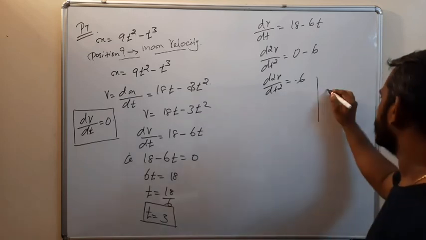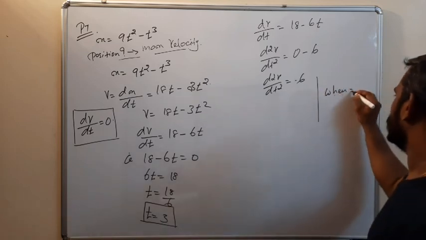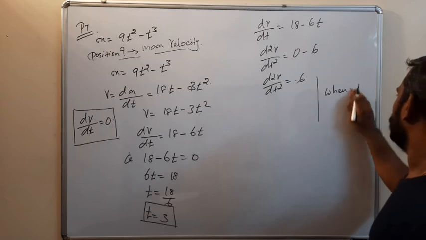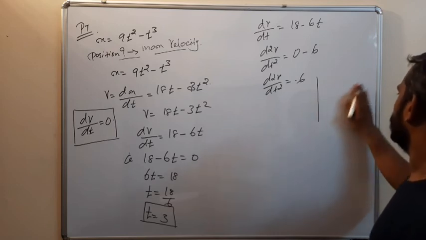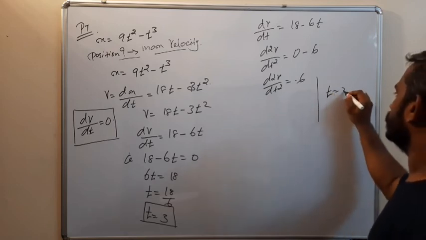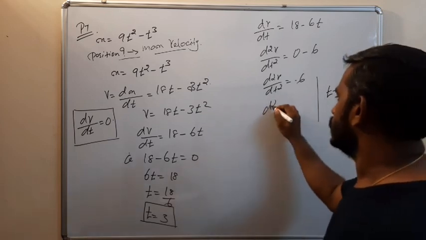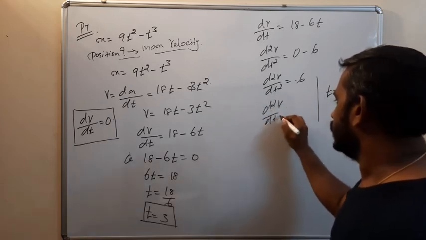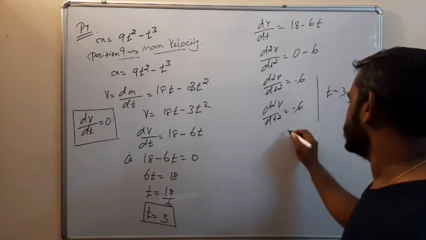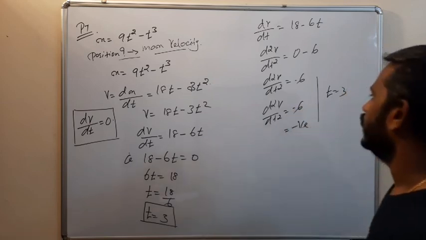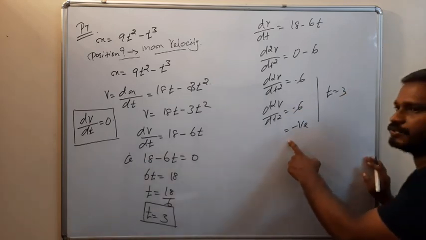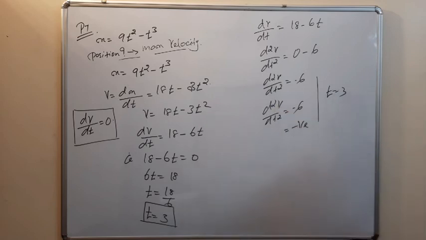So when t is equal to 3, d square v by dt square is equal to minus 6, that is negative. If the second derivative is negative, then definitely at that value the function is maximum.